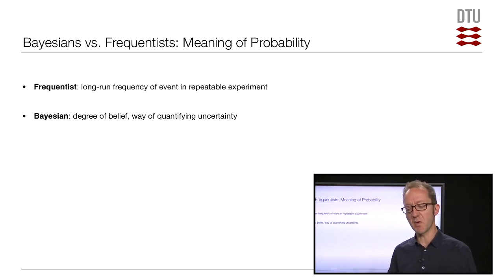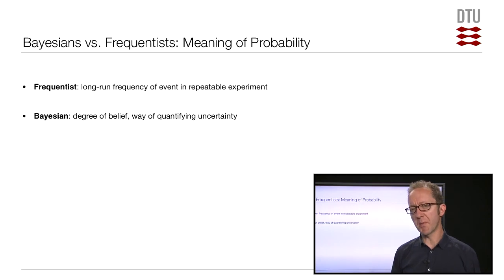For instance, if you're watching the weather forecast and someone says there's a 57% chance of rain, then that is in fact a Bayesian way of using probabilities. You're quantifying how uncertain you are about whether or not it will rain tomorrow. And based on that, you can then decide whether or not you want to bring an umbrella.